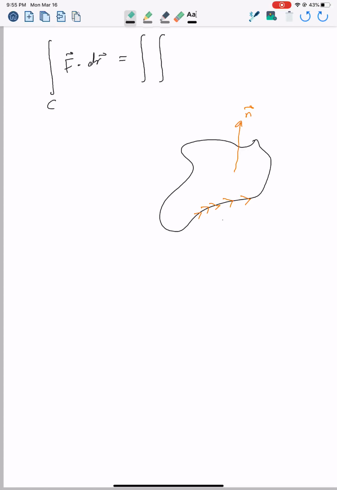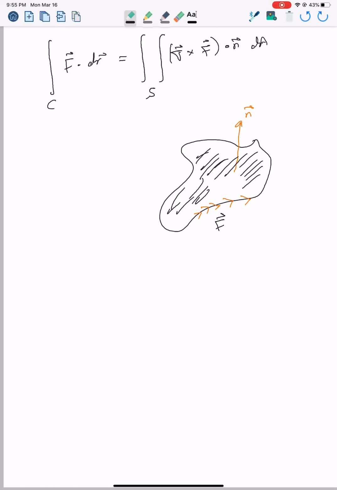The function. What was the function? The function is just f dot, it's curl f. Curl f dot n dA, and here we just have the surface. Remember, this was our surface, which is parameterized by just uv and 0.